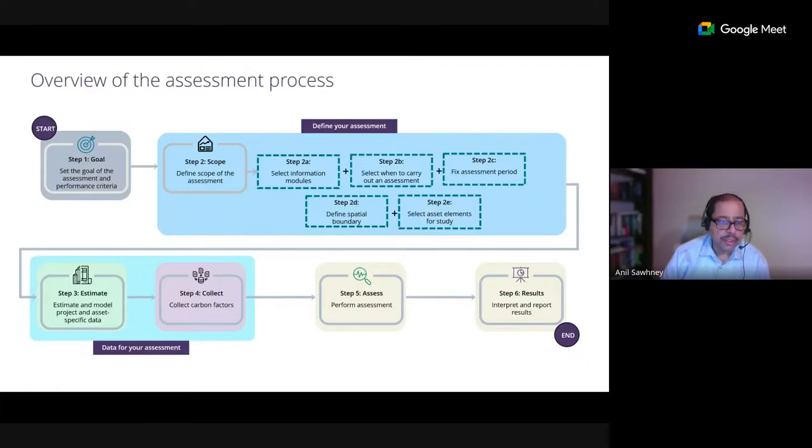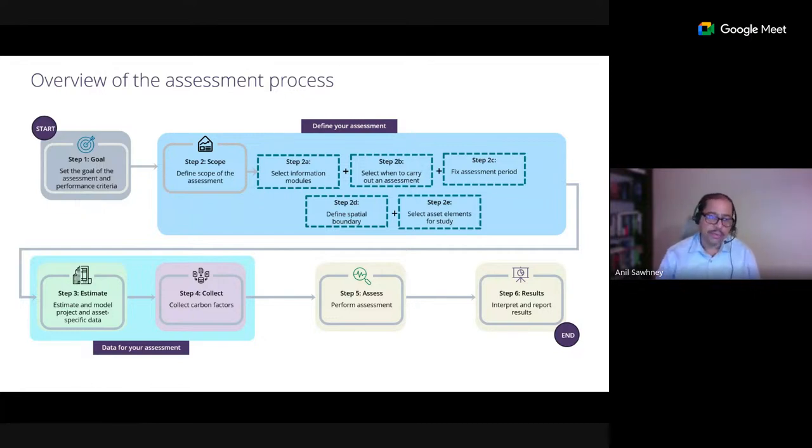That's step 2B. Our standard, for example, asks you to, at the very minimum, do a concept stage, a construction stage, post-construction stage, and then maybe a use stage assessment for your project. So you have to determine how many assessments you will carry out.